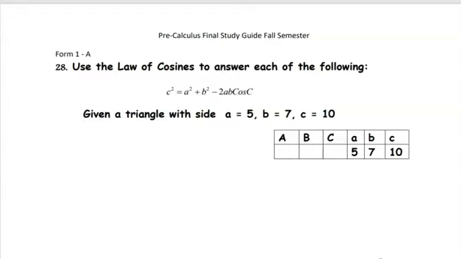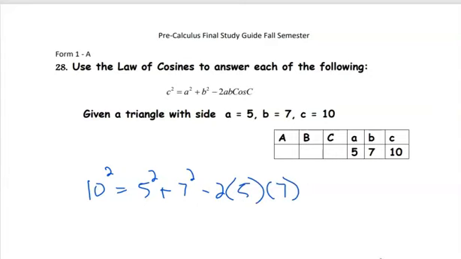It looks like a is 5, b is 7, or c is 10. So I could say 10 squared equals 5 squared plus 7 squared, subtract 2 times 5 times 7 times the cosine of angle C, which we do not know.